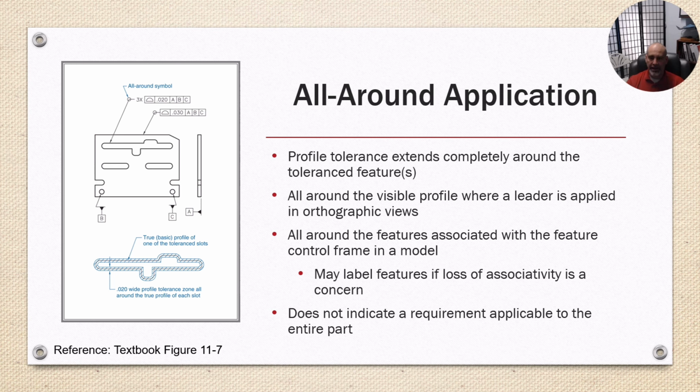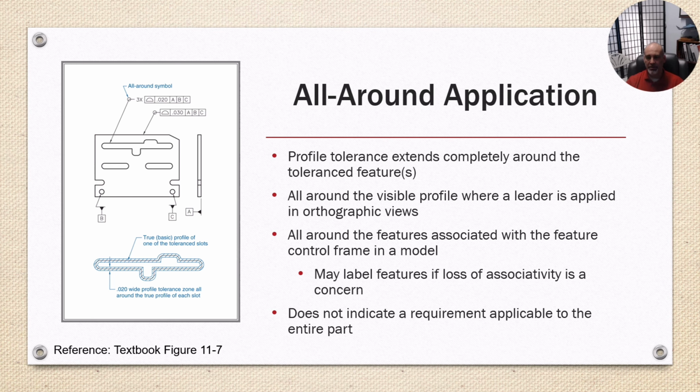And then the 30 thousandths all around applies to the outside perimeter. Your basic profile will be theoretically perfect, and then your range that it is allowed to deviate is the width that's called out in the tolerance block.